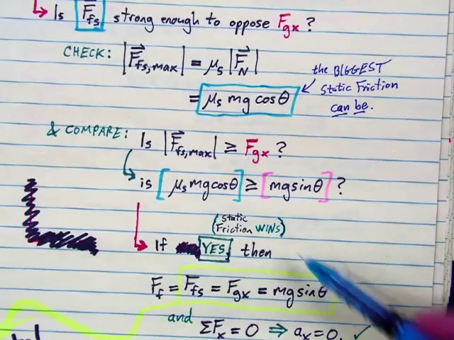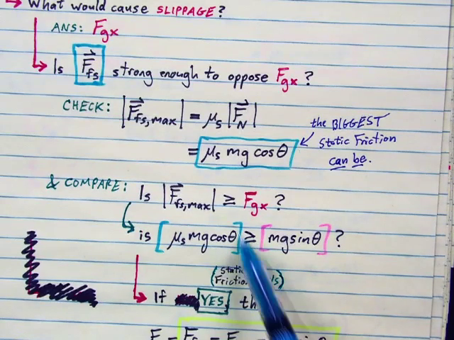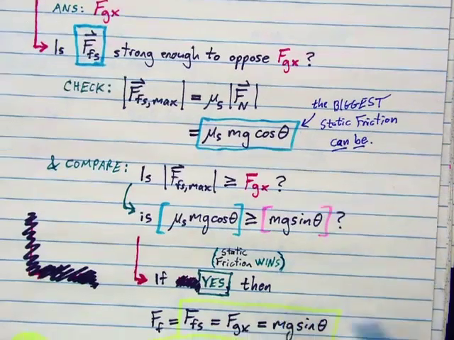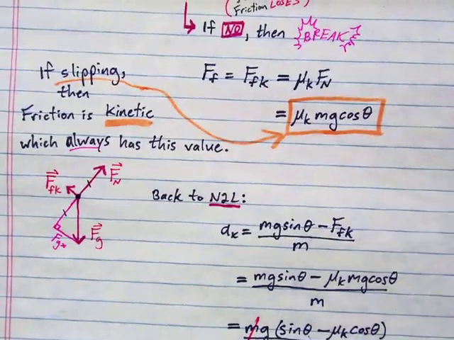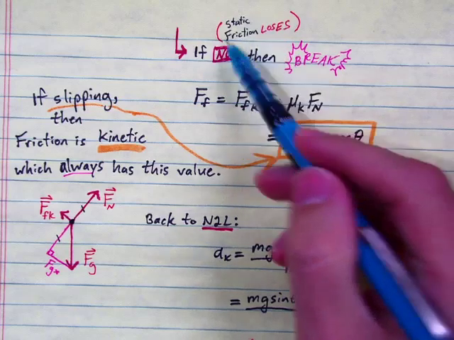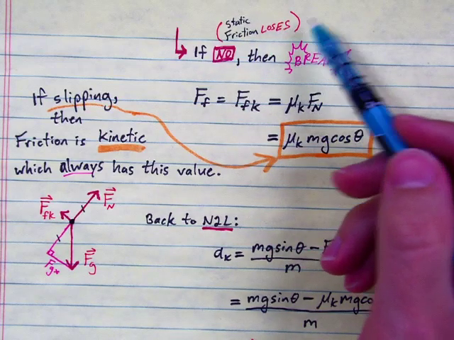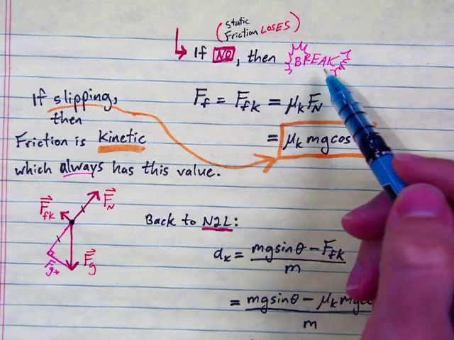All right, so that's what we do if we decide that static friction is big enough to oppose FGX. But what if it's not? If, instead, the maximum force of static friction is less than FGX, then gravity is going to cause the box to break static friction. It's going to start to slide.